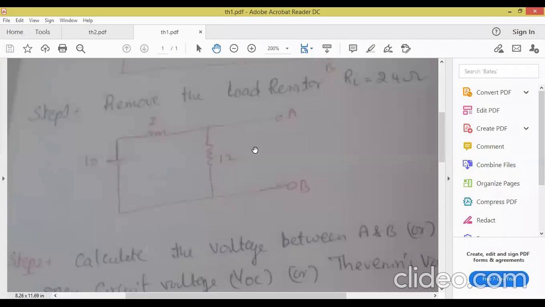Once again, I am saying this is the toughest topic, the Thevenin's. Now, in order to understand step 2, now coming back to this one. So I am using one word, open circuit. Open circuit means, let us say we are having 2 wires, and between 2 wires we are having the air.